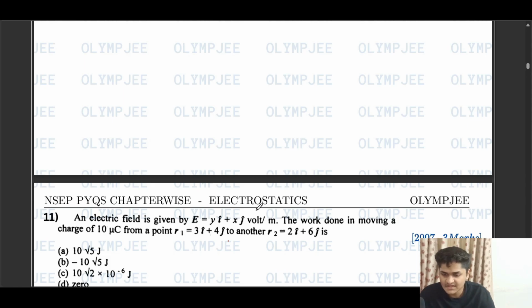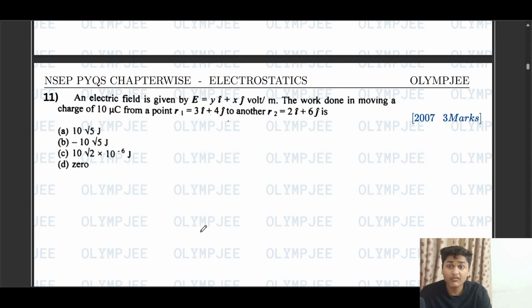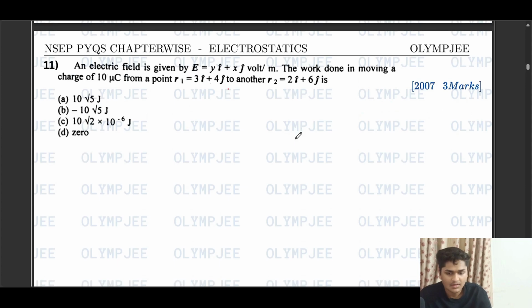Now moving on to question 11, we have an electric field given by E is equal to y i cap plus x j cap volt per meter. The work done in moving a charge of 10 microcoulomb from a point R1 to R2 is. So work is given by minus the integral of E dot dr from R1 to R2.